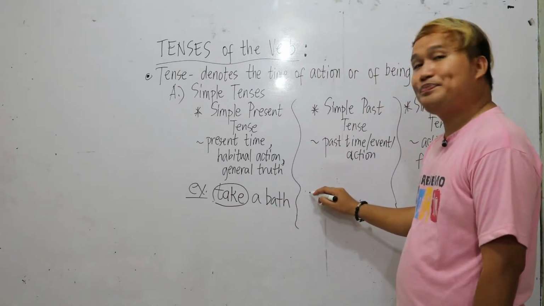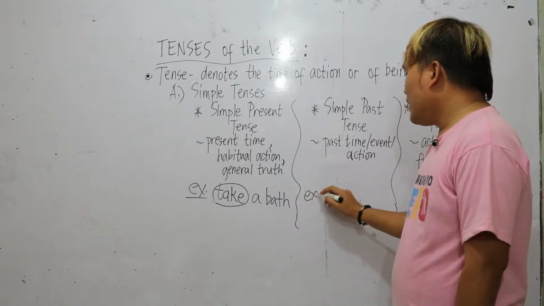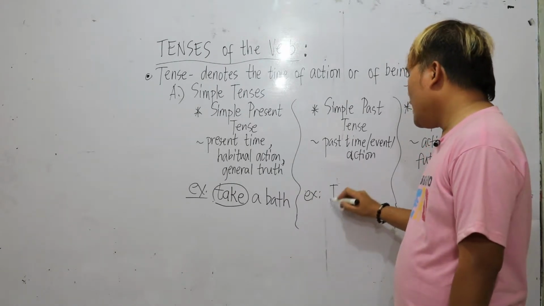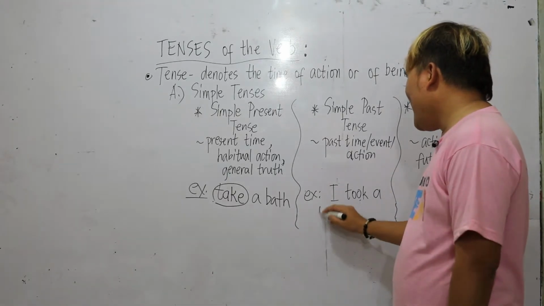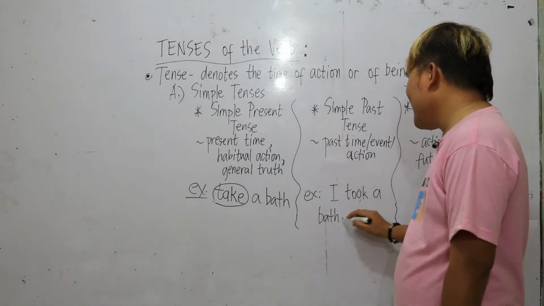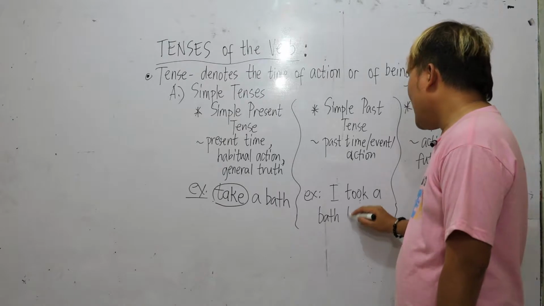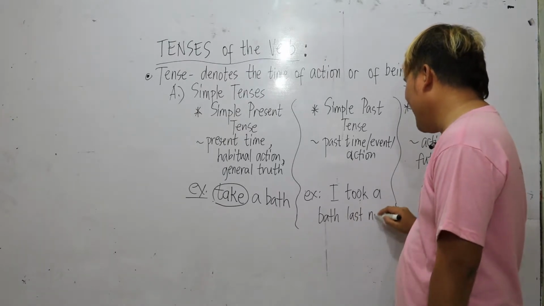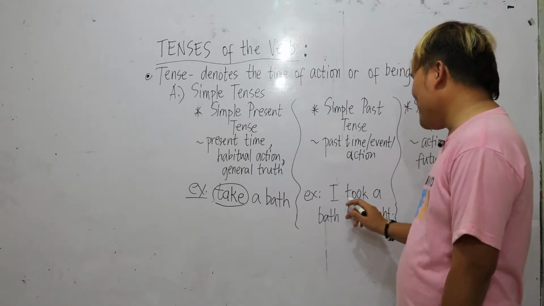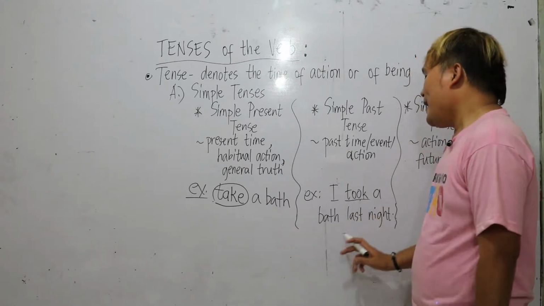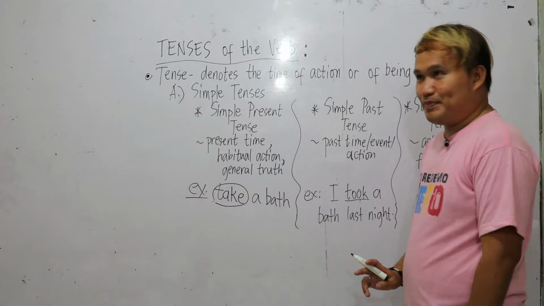Let's have an example. I took a bath last night. This is just to show that you're referring to a past action. Okay, so I took a bath last night.